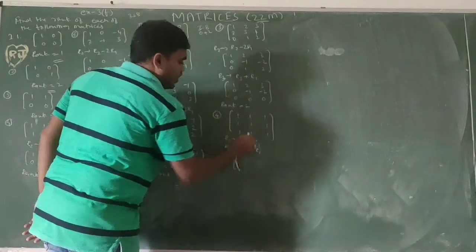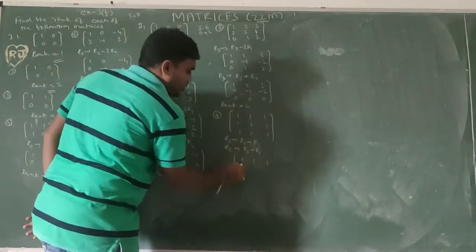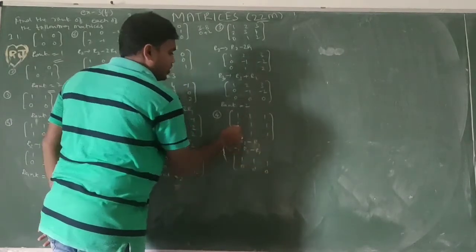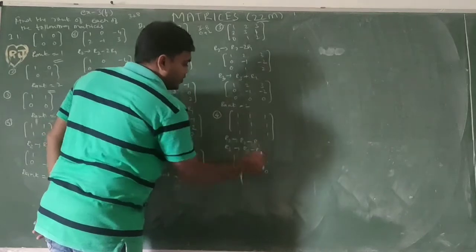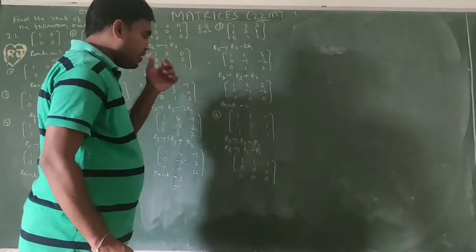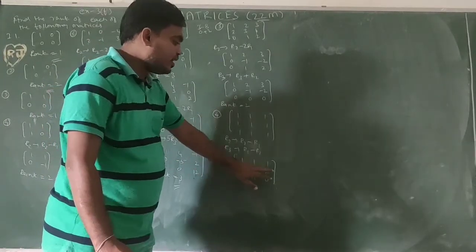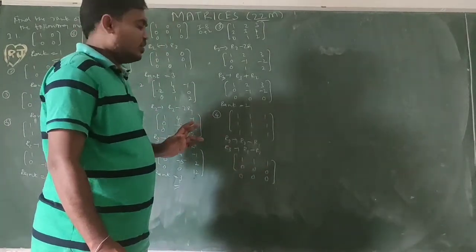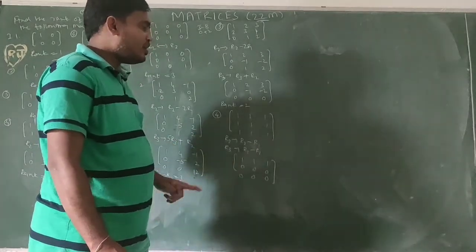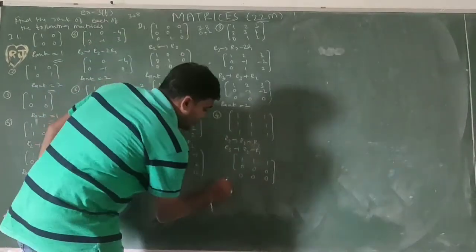So 1 1 1 1 minus 1 0 1 minus 1 0 1 minus 1 0 1 minus 1 0 1 minus 1 0 0. Okay, so if we are converting these two elements to 0, automatically all these elements are equal to 0. Okay, now how many 0 rows? 2 0 rows. How many non-zero rows? Only 1. So rank equal to 1.